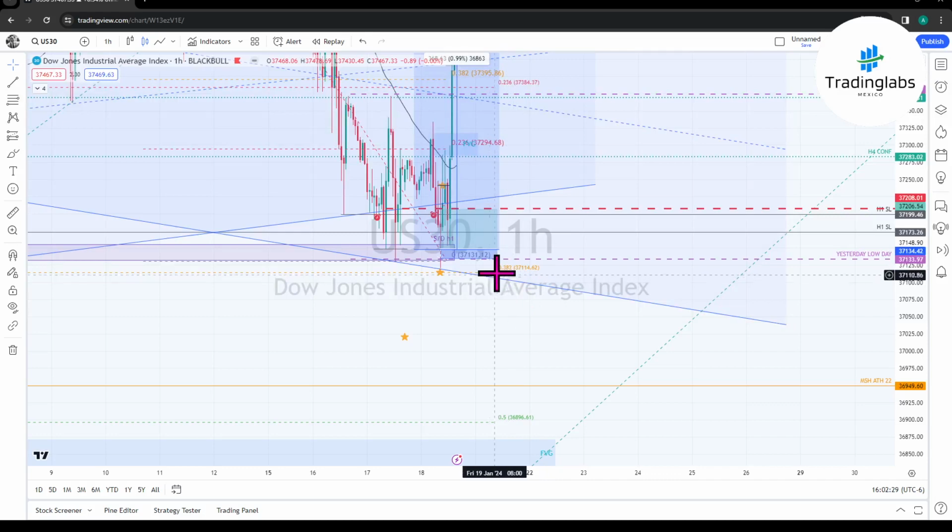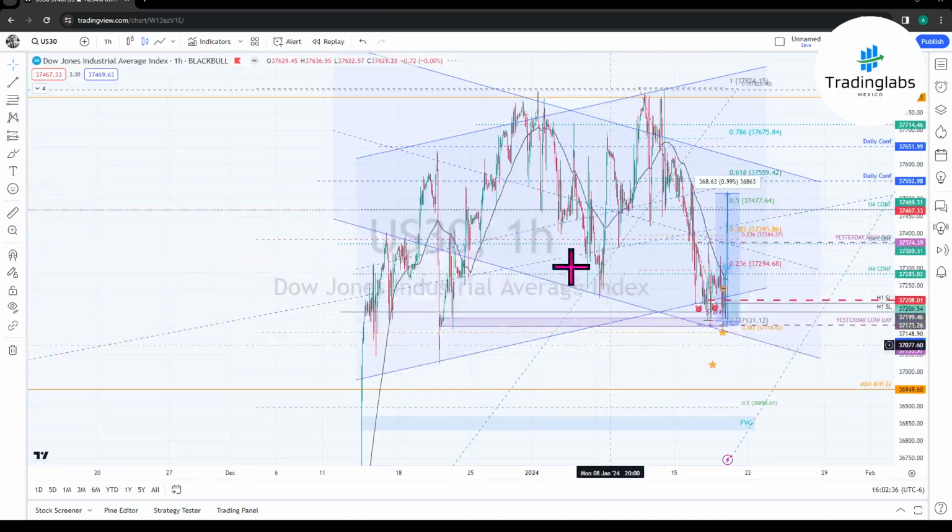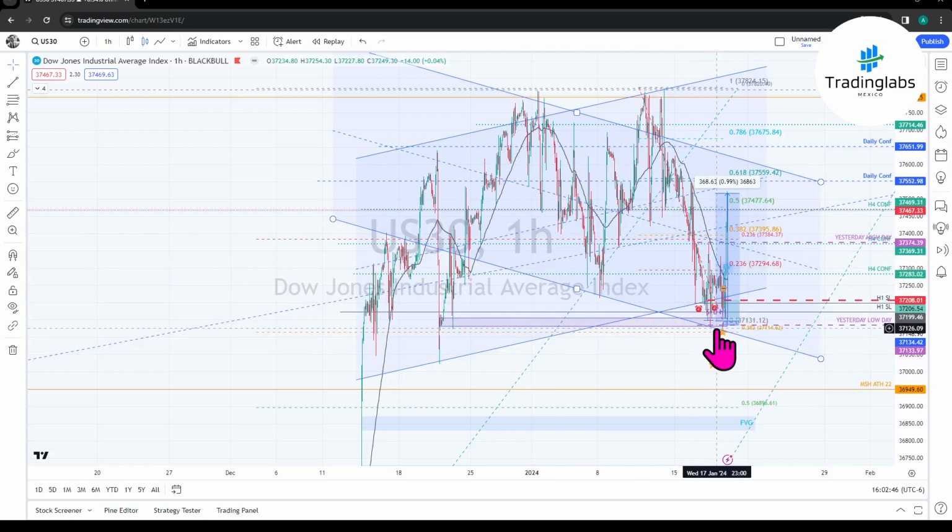You have to know that we are at the 0.382 of the daily Fibonacci retracement, right? We are in this channel. We're already at the bottom of the channel, right?